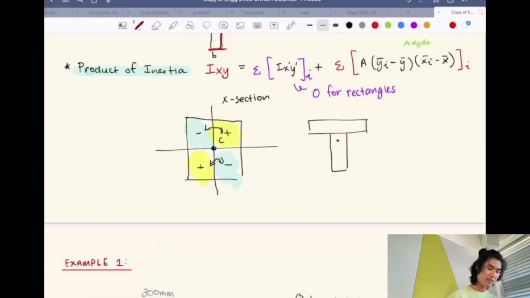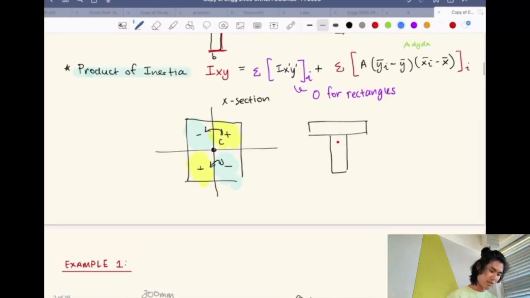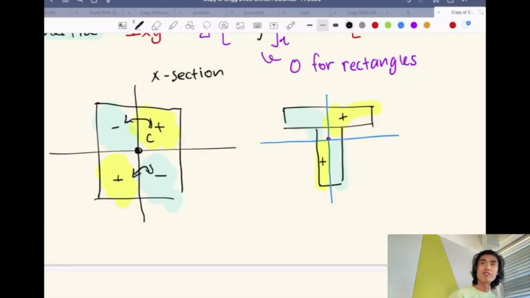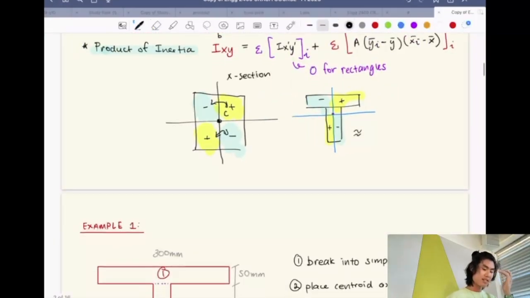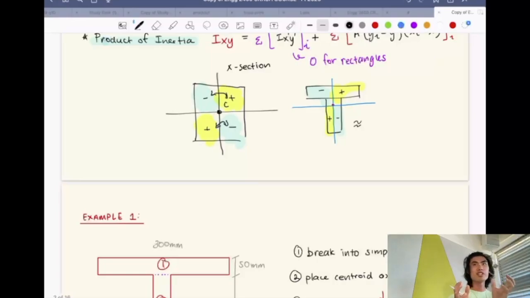As we discussed, the centroid will be closer to the flange, and your centroid will create an axis like this. If you do those same markings, this is a positive, this is a positive, this is a negative, and this is a negative, and all of this will sum to 0. That's the product of inertia, and when the product of inertia is uneven, that's when you tend to get more rotational failures in your beam.